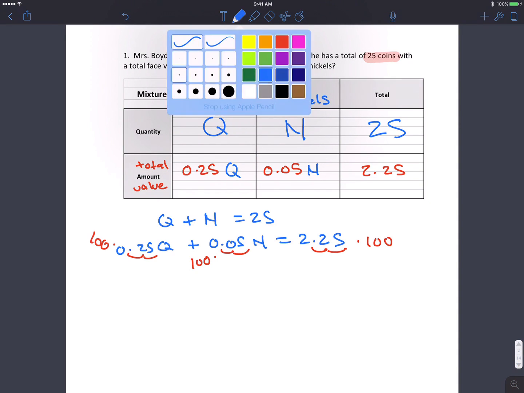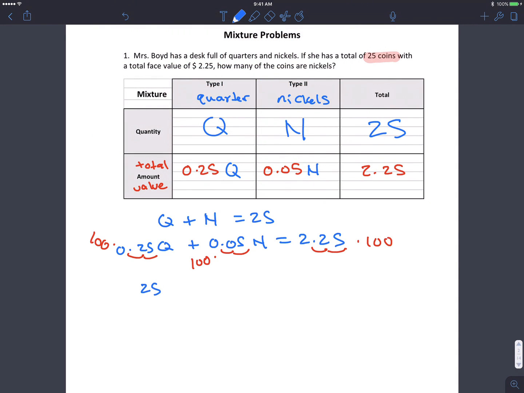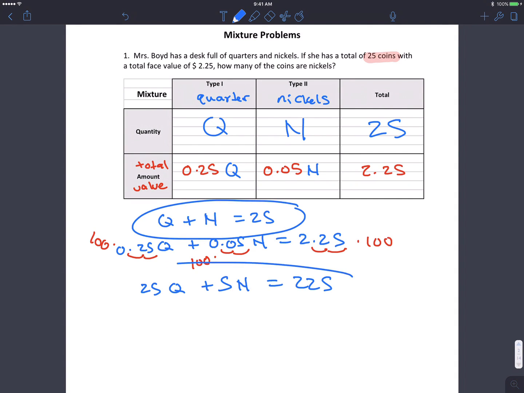So the second equation becomes 25Q plus 5N is 225. Here's my first equation, here's my second equation. You get to use your favorite method of solving a system of two equations and two unknowns. We're going to use substitution.